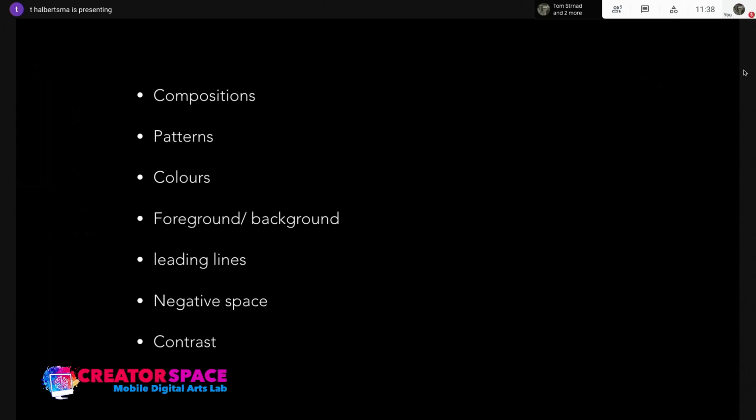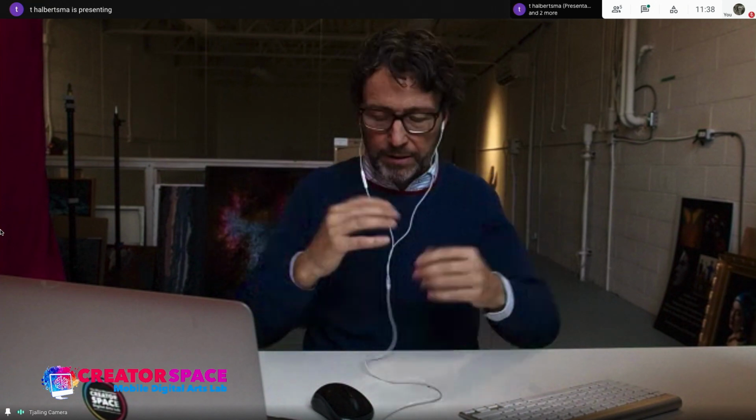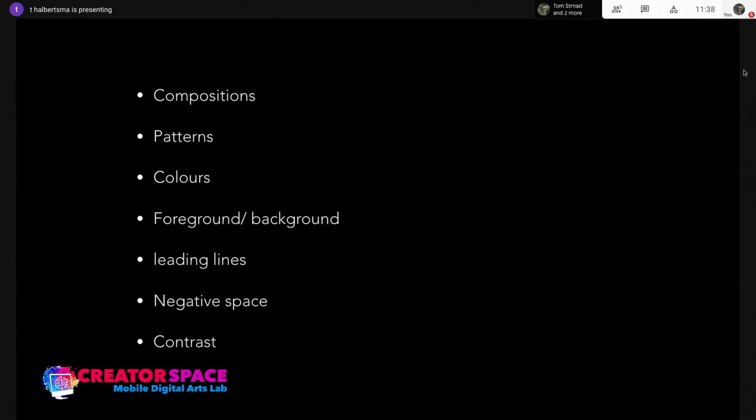I talked about these things in earlier lessons, so you can always look at the history of my lessons. Negative space, you know, I'm somewhere, but I have a lot of space next to me in the photo. Unused space, for example, that can tell a story. Contrast, the dark and the light and everything.